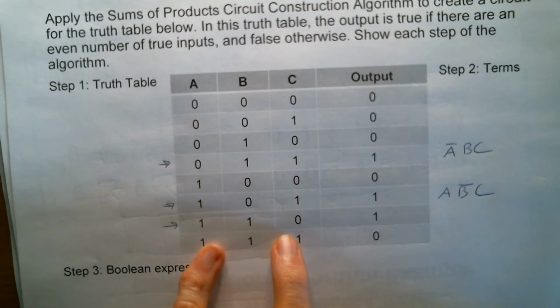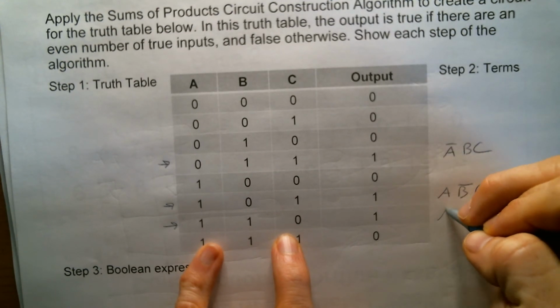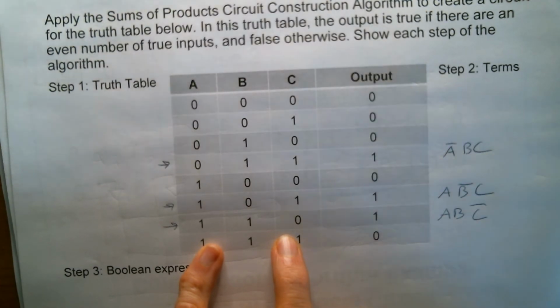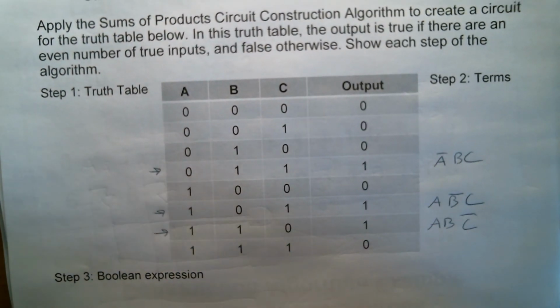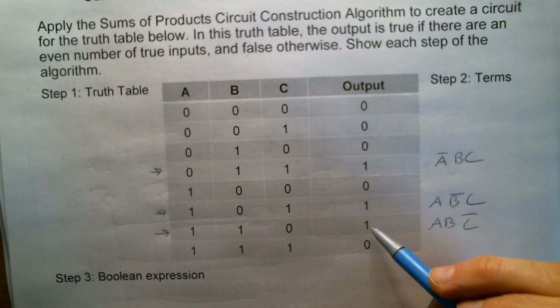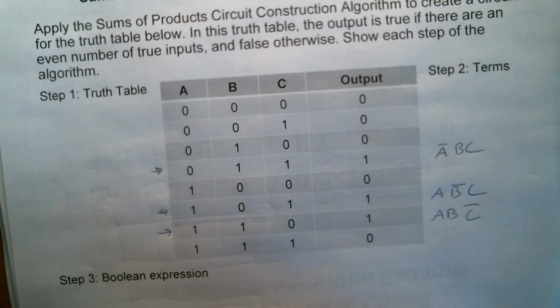And then for this final one, hopefully you recognized that A and B could be left alone, but C would need the not. All right. These are the only 3 terms that I would need because these are the only 3 rows that are 1.